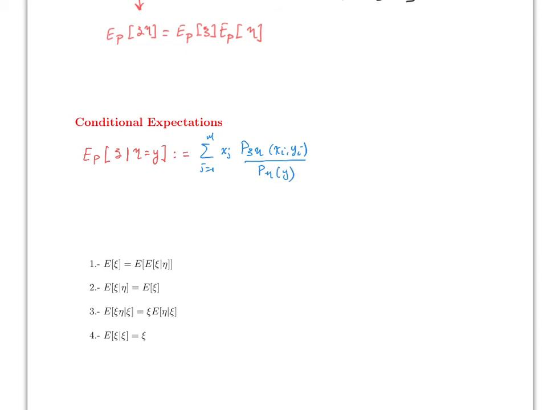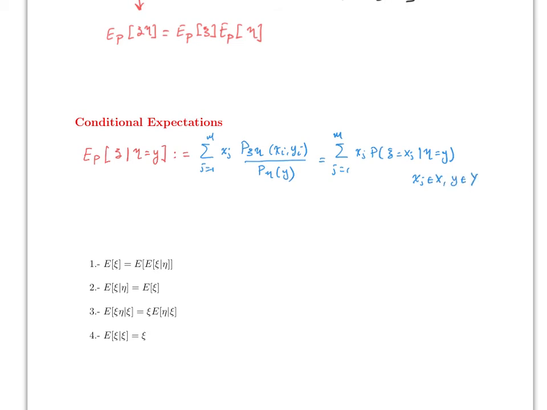And this is technically just the sum from j equals 1 to m of xj times the probability that K will be equal to xj given that nu is equal to y. Here xj belongs to X and y belongs to Y.